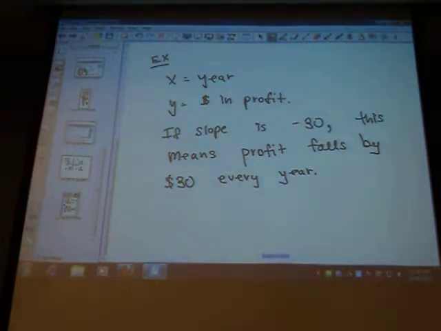Does that make sense? So you're always looking at your X value, and then the change in Y, which is your slope, depends on the X value.